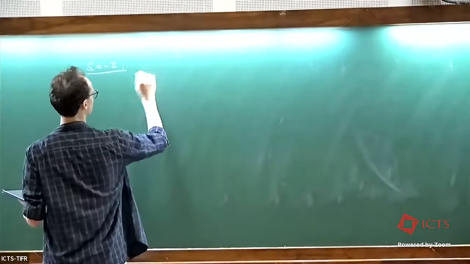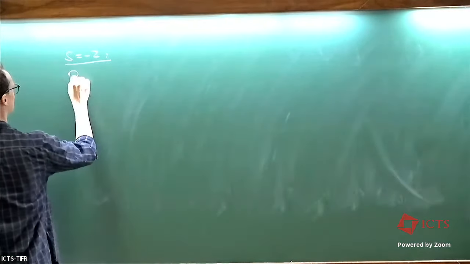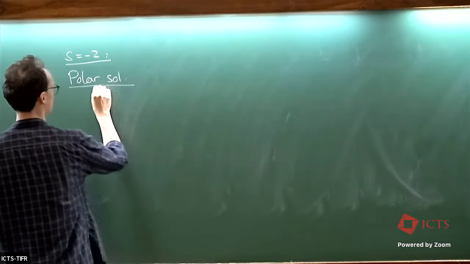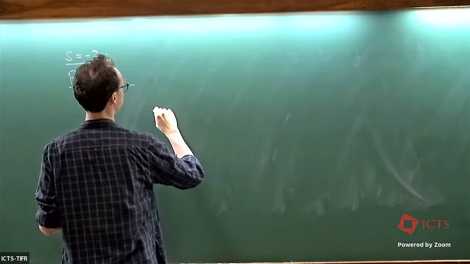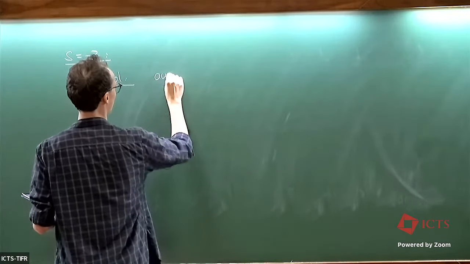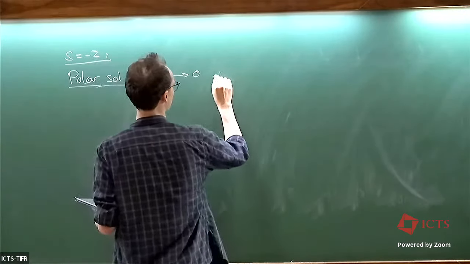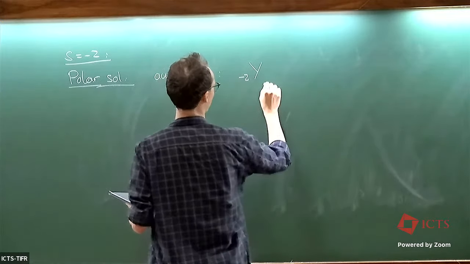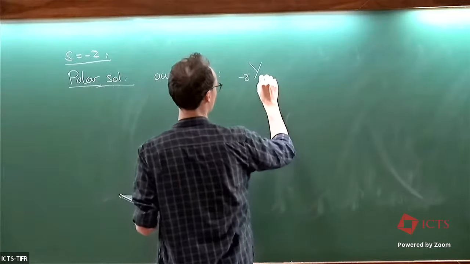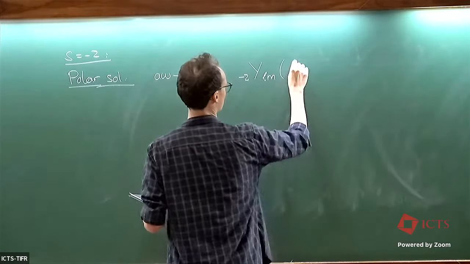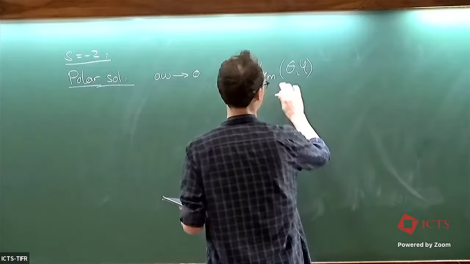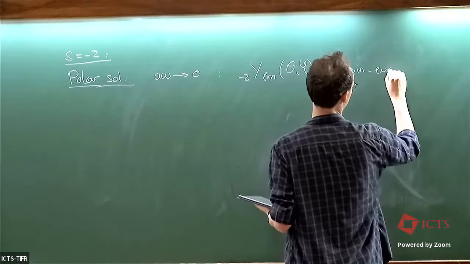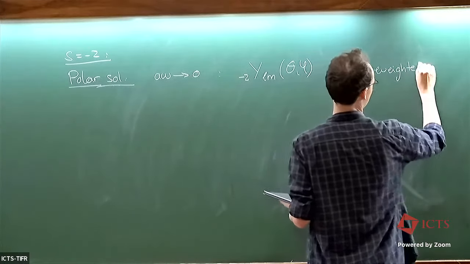So for the polar solution, for a omega equal to 0, the solution is usually written as s equals -2, Lm, and then theta phi. And these are called the spin-weighted spherical harmonics.